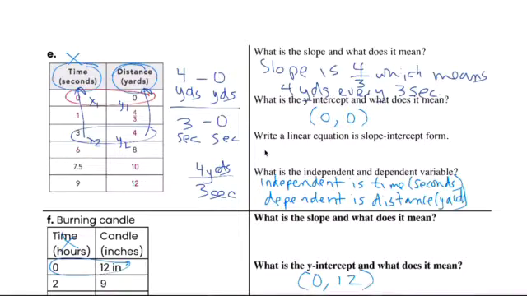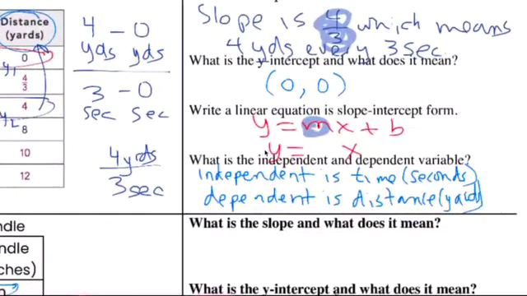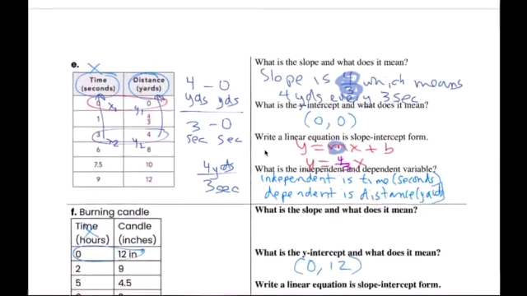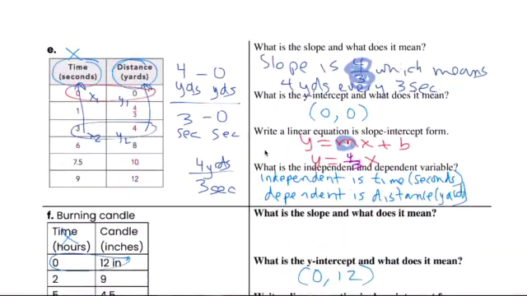The formula is y equals mx plus b. Copy the y, copy the x. M represents slope, so you put 4 over 3 for m. And b is the y-intercept, which is 0, or just 0.